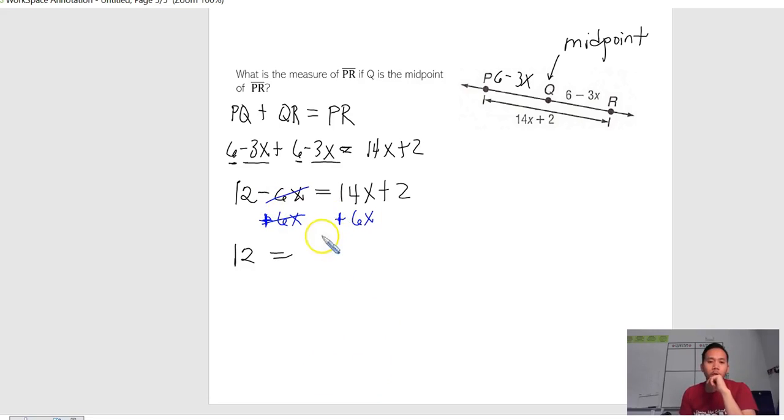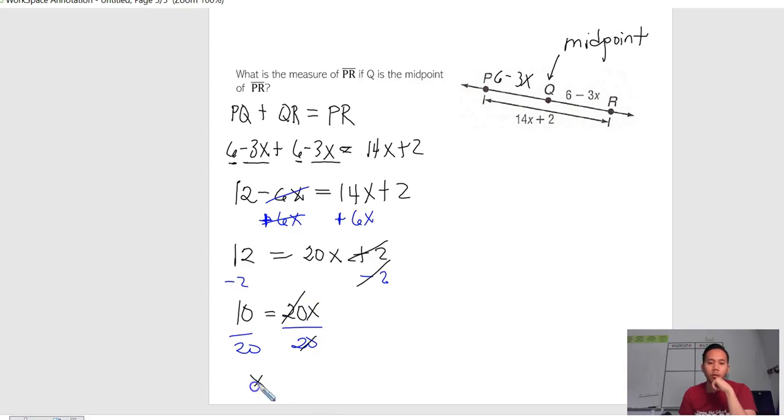And then I'm going to subtract 2 both sides. This will be 10. This will be cancelled out. This is 10 is equal to 20x. Then I'm going to divide 20 both sides. Of course, this will be cancelled out. So our x is equal to 10 over 20 or 1/2. So the value of x is equal to 1/2.